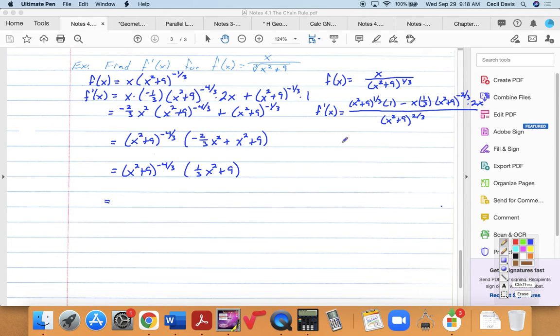Now let's see if we can clean that up a little bit. Not much we can do with this first part in the numerator. That's just going to be x squared plus 9 minus, over here, I'm going to have 2/3 x squared times x squared plus 9 to the negative 2/3, all over x squared plus 9 to the 2/3 power.